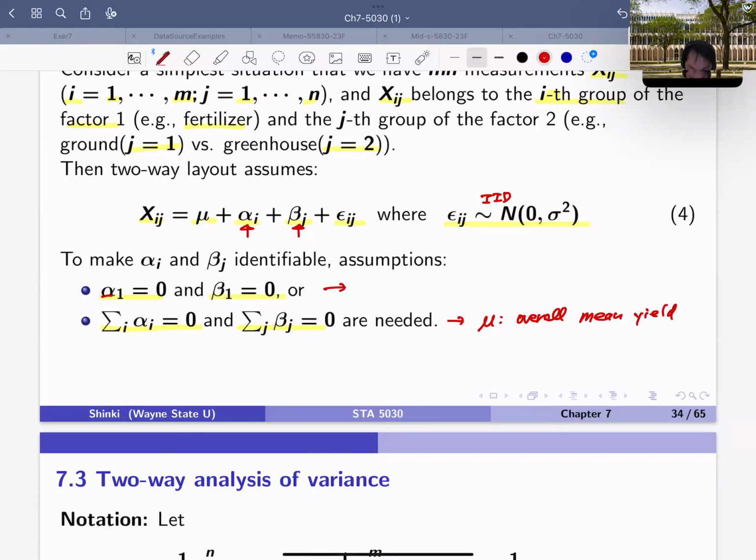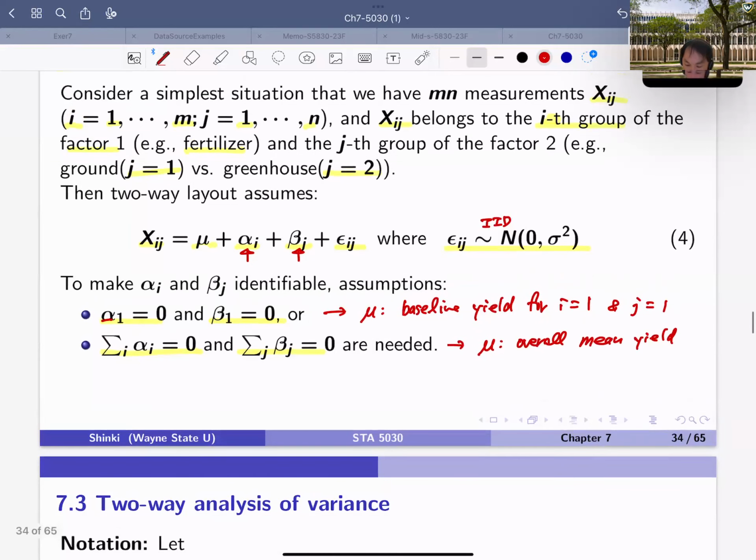But for the first assumption, mu is actually the baseline yield, for i equal to 1 and j equal to 1. So this is the yield for the first fertilizer on the ground.